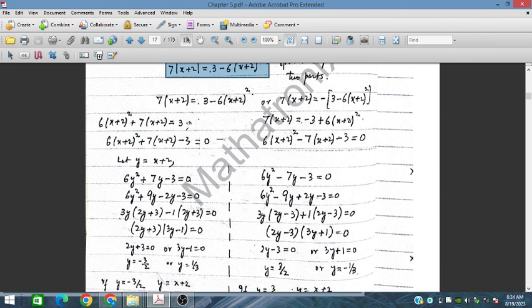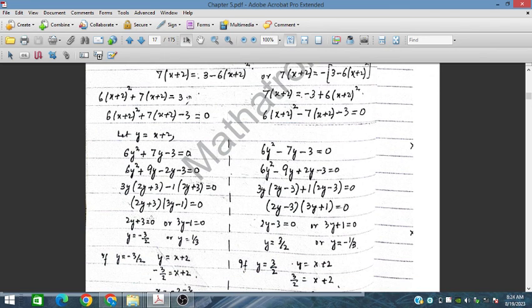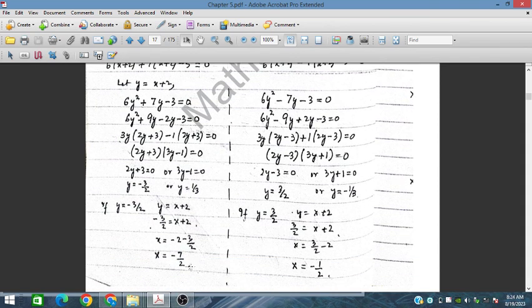We can solve it in any way, but eventually we will obtain some results. Since we have assumed y is equal to x plus 2, we place y is equal to x plus 2 and we will obtain this.